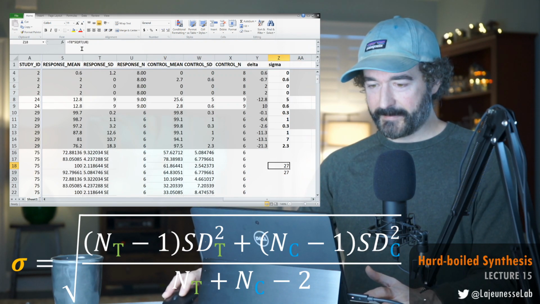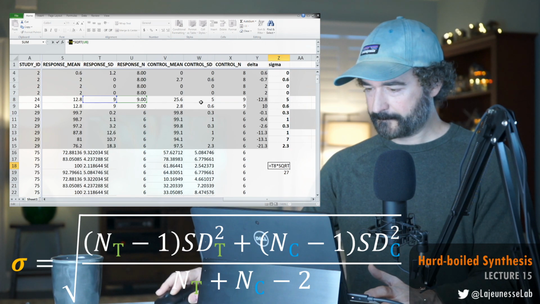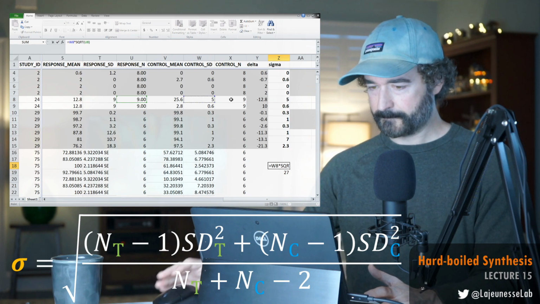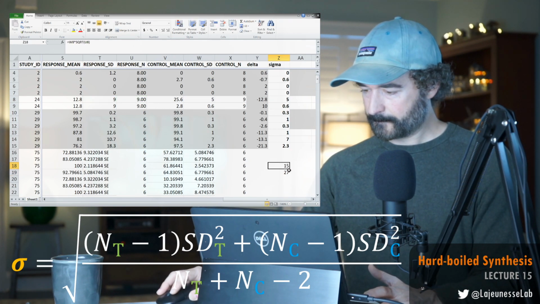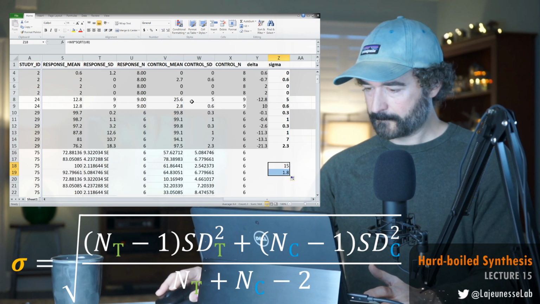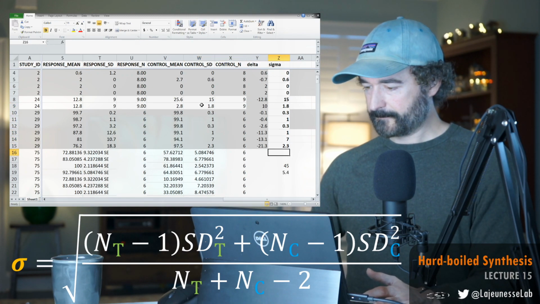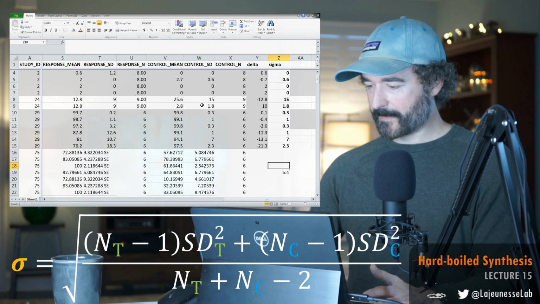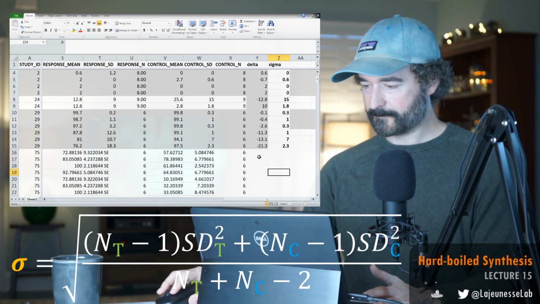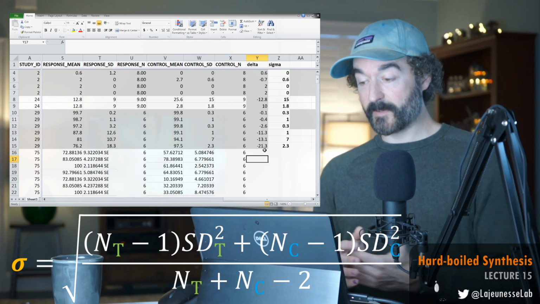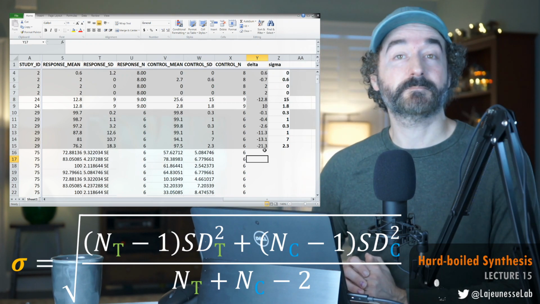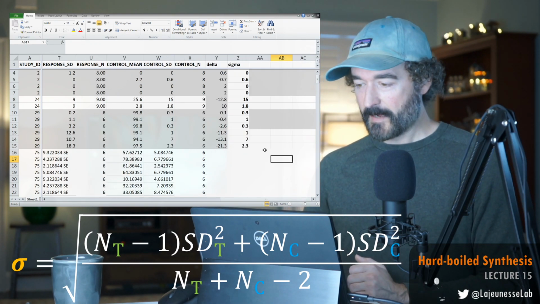And then finally, here we go. So now these are corrected, and we were able to estimate a sigma from these things.